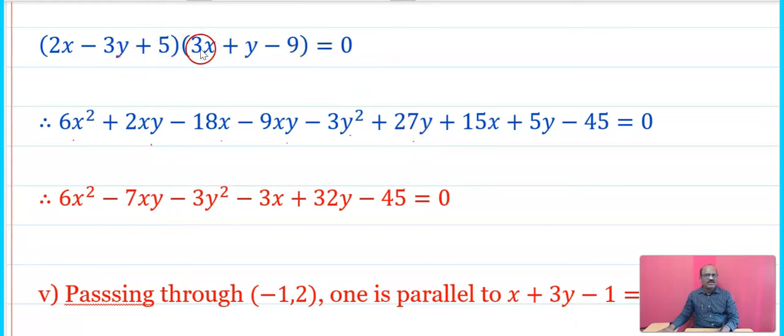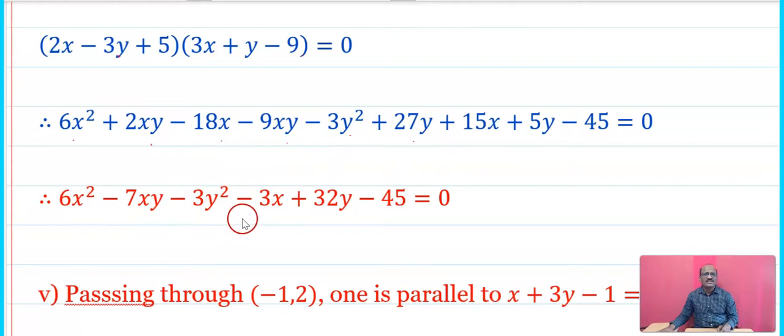Okay, 5 into 3x, 15x, 5 into y, you will get 5y, 5 into minus 9 minus 45, and overall you will get 6x square, 2xy, again xy, minus 9xy, you will get minus 7xy, here is a minus 7xy, minus 3y square.